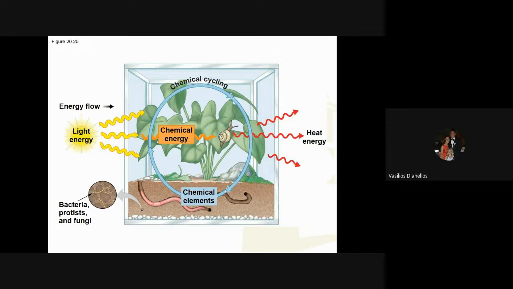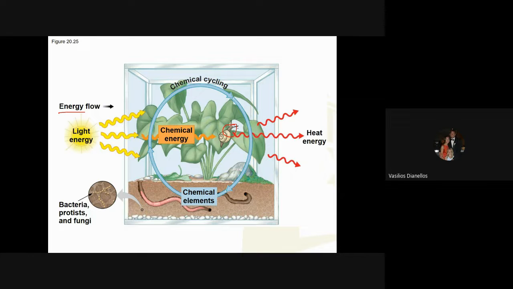And what this demonstrates is that the only thing that comes in and that leaves that box is energy, right? You have energy coming in the form of light, whether it be the sun or grow lamps, whatever it may be. Energy comes in, and as you learned in chapters 6 and 7, that energy is used in photosynthesis to build glucose and other molecules, and then that glucose and other molecules is eaten by animals, and then the animals break it down in respiration, and in that process they're releasing energy.